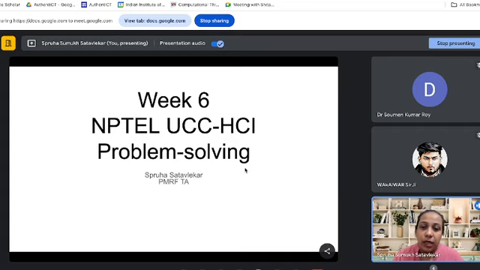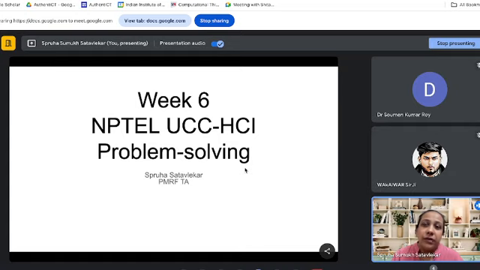Now that we are also working on user centric computing, it is aligned with human computer interaction, where the focus was mainly on the design part, how to make the design user centric. Now that we are studying computational models, in the last week we did some computational models.